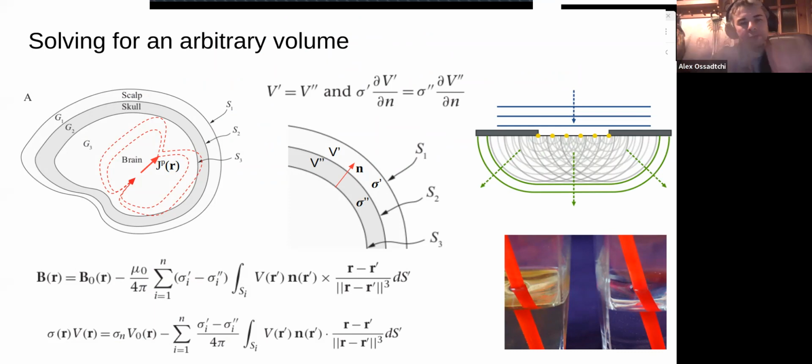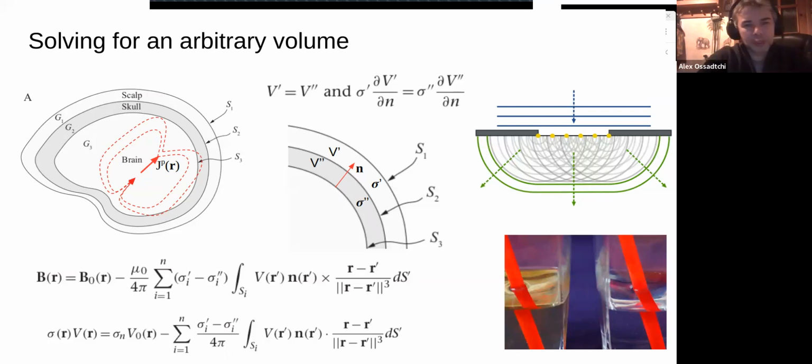Now what if we have a volume which doesn't have uniform conductivity, because we have brain, cerebrospinal fluid, skull, which is 20 times less conductive as compared to the brain volume, and then the skin and so on? So you have different conductivities.